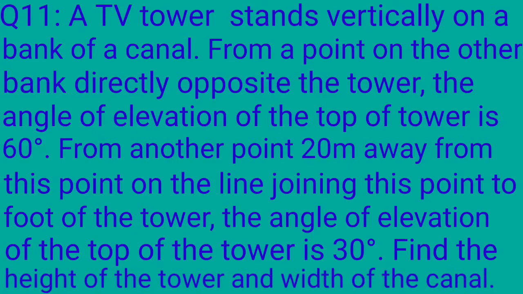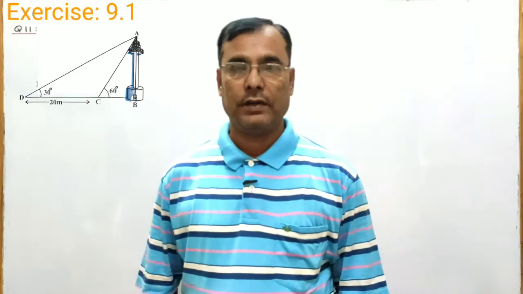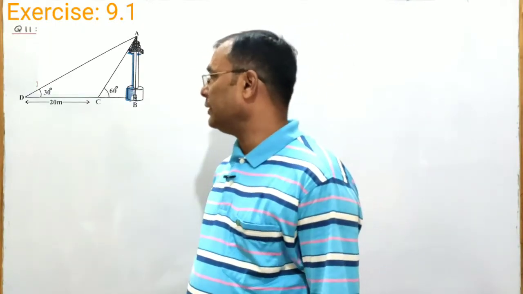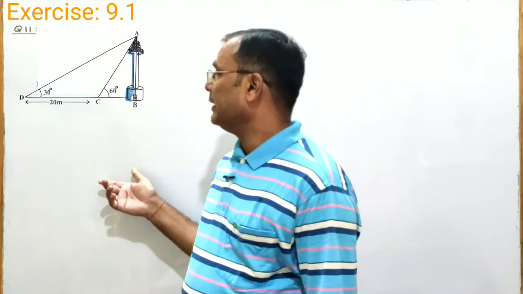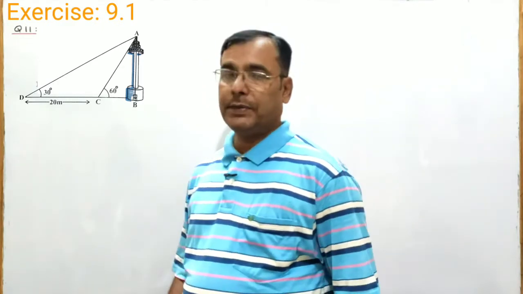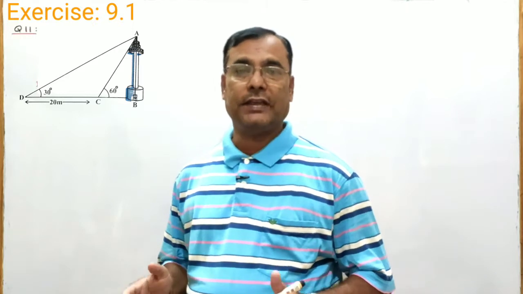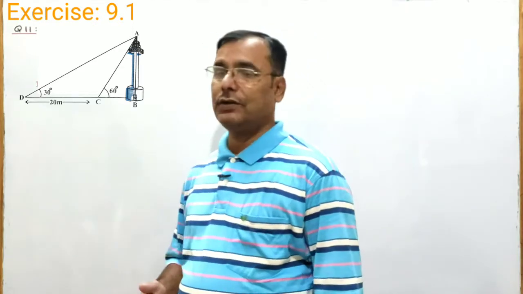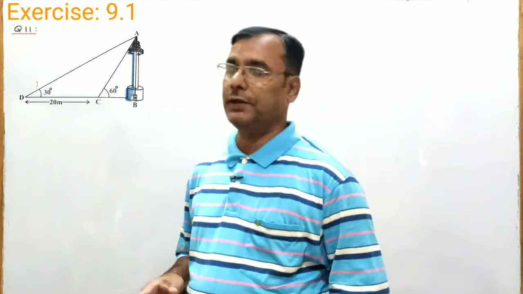Let's draw a figure for this question. In this given figure, AB denotes the height of the TB tower, BC represents the width of the canal, C and D are two positions of the observer.